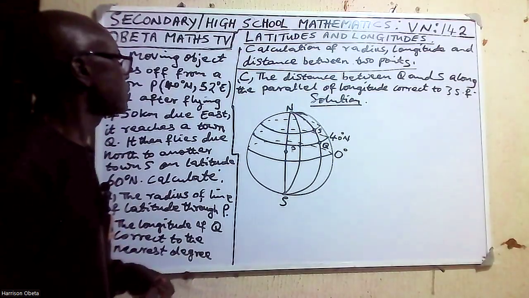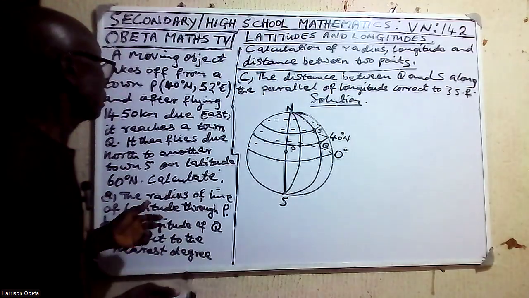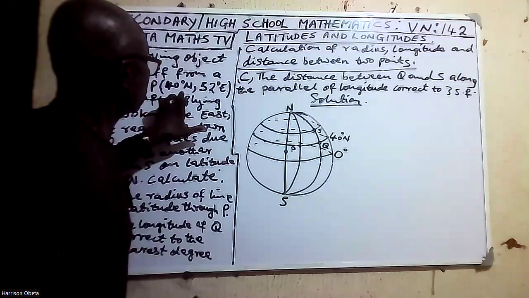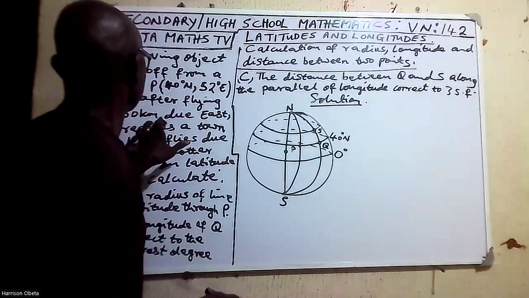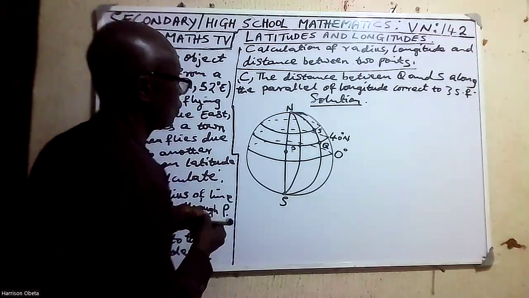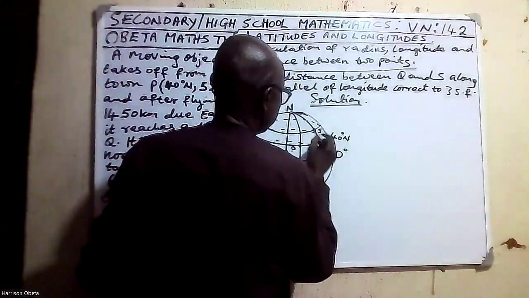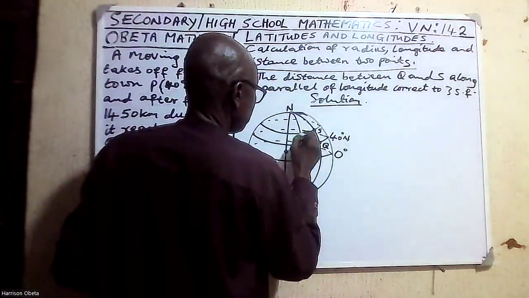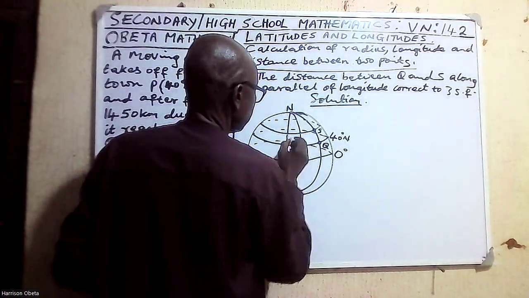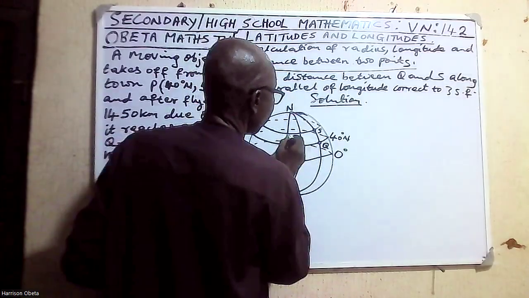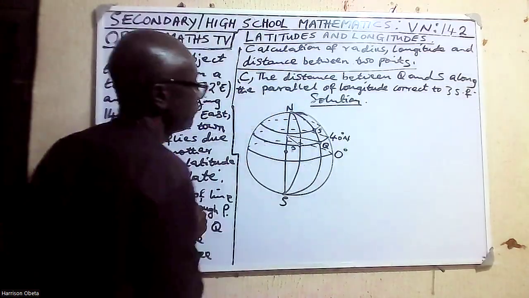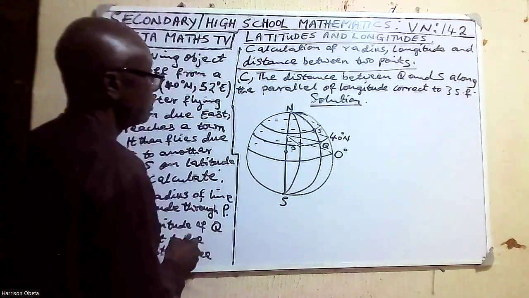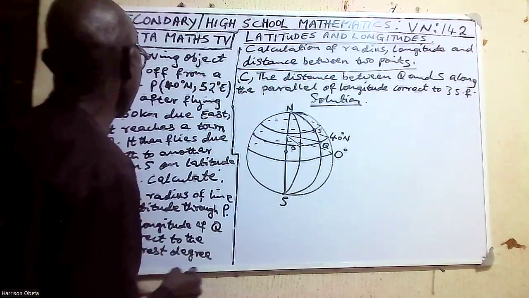Now, town Q. For this and this, the distance along latitude, that's between P and Q, take your center here, and the angular difference we don't know.